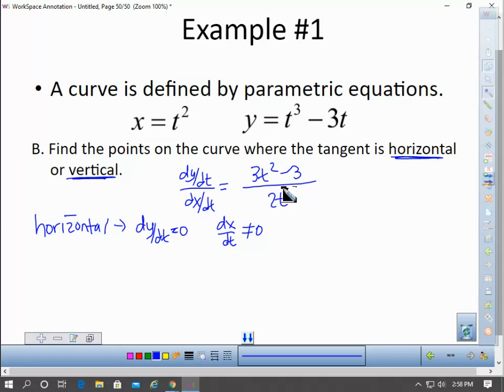I can't have the same t value that'll give me a 0 in the denominator. You want 0 over some other number so that you get the answer 0 and have a horizontal tangent line.